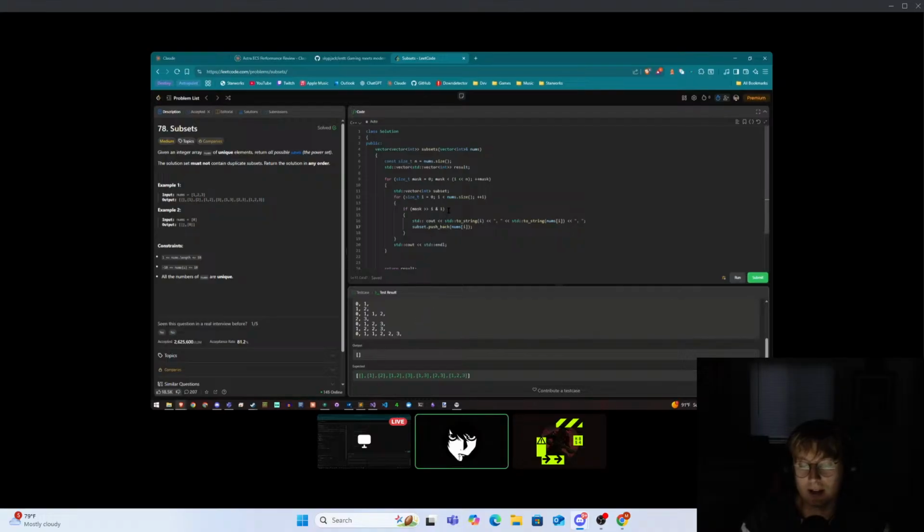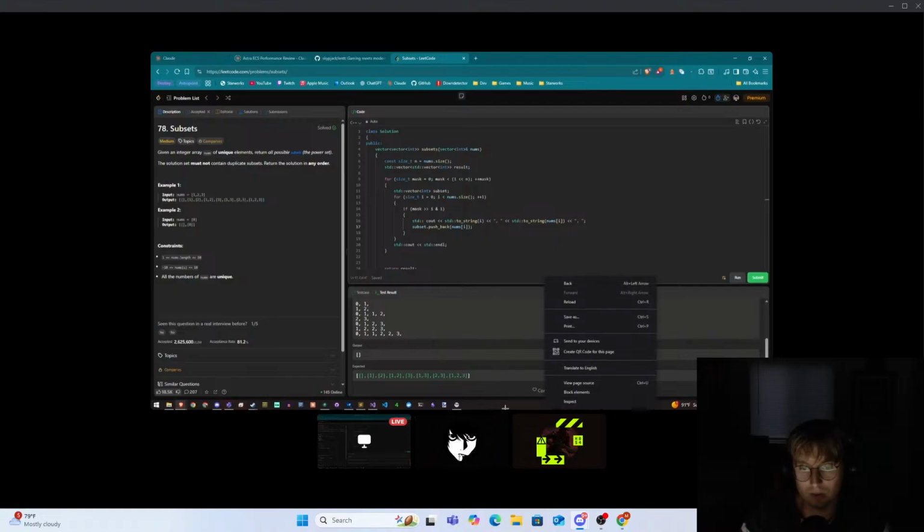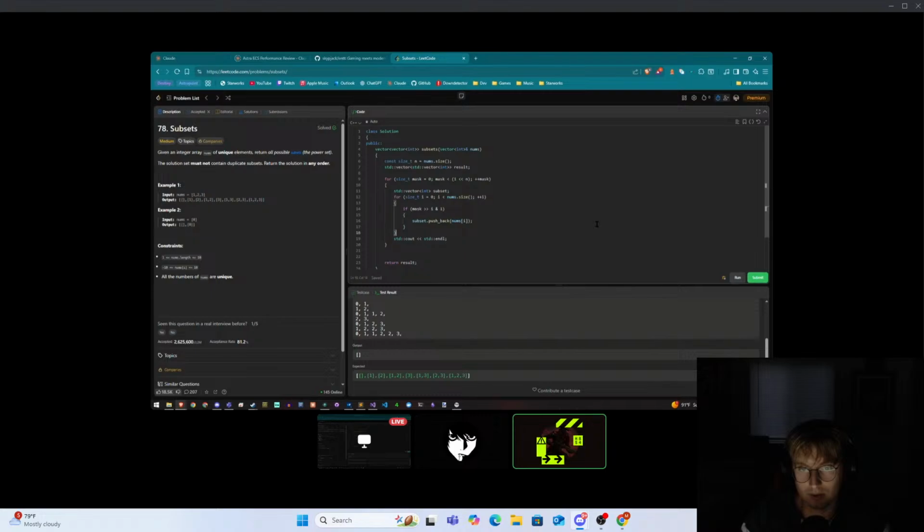But don't we have to add the empty set to the result array? So when is it adding the empty set? If you notice, I'm not actually adding anything to the result array yet. So you just do that down here. Right, and in that iteration, the subset will be empty. Yes, exactly.